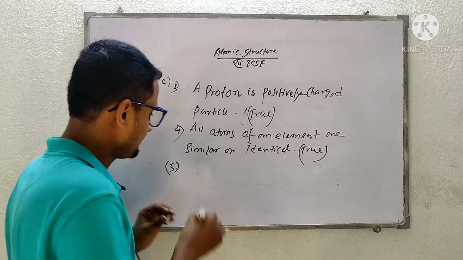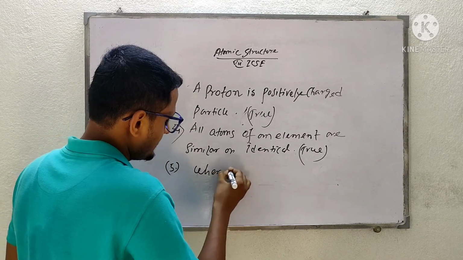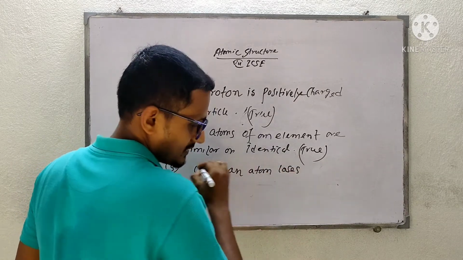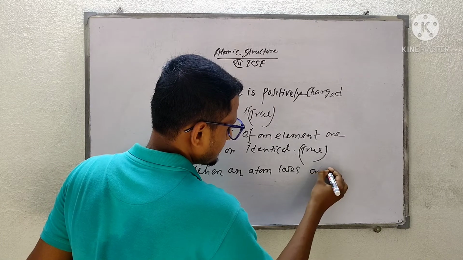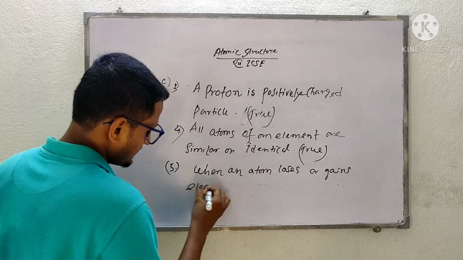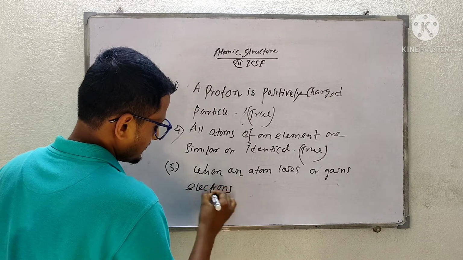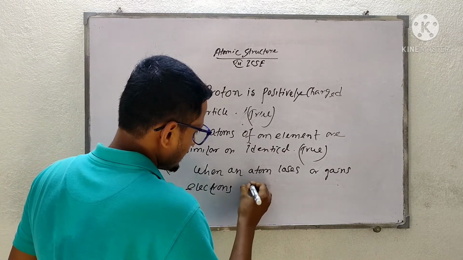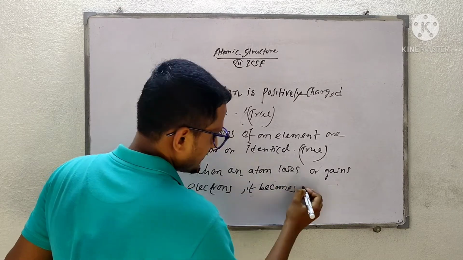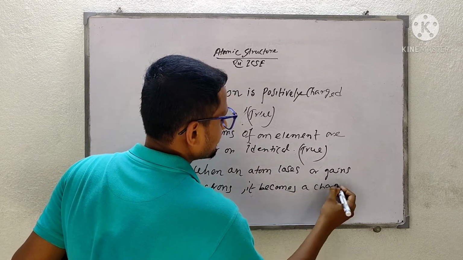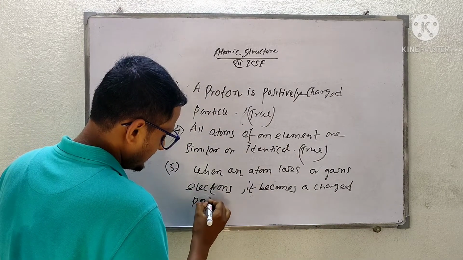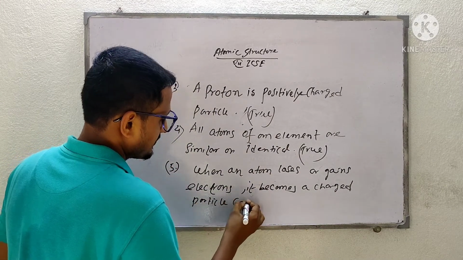Now number 5: when an atom loses or gains electrons, it becomes a charged particle called an ion.